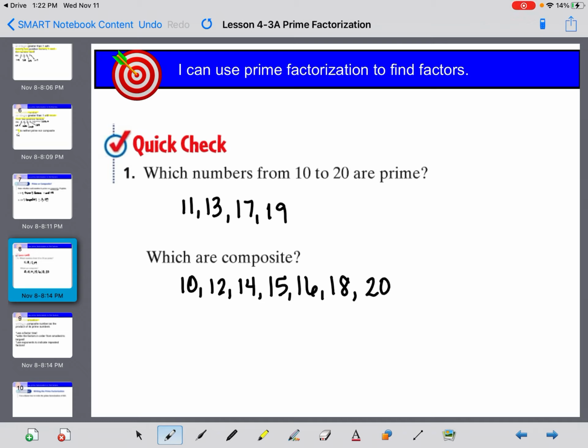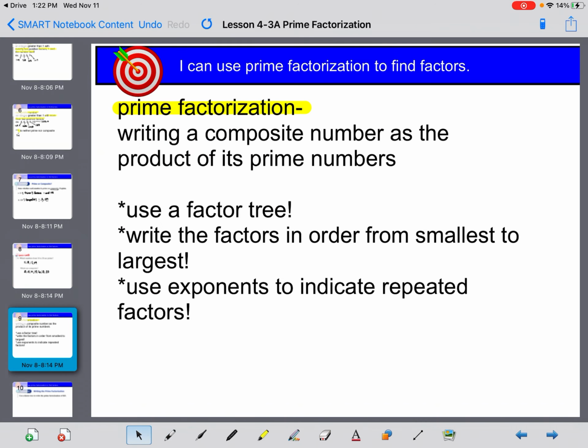All right, the numbers between 10 and 20 that are prime are 11, 13, 17, and 19. They all only have 1 and itself as factors. The numbers that are composite are 10, 12, 14, 15, 16, 18, and 20.